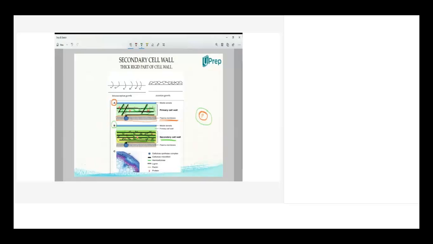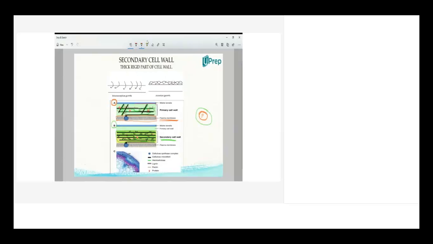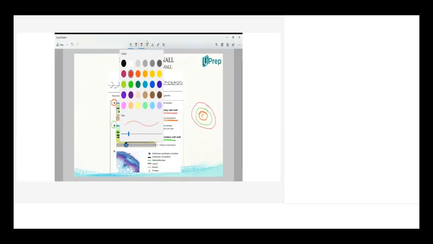Then you are having primary cell wall above the secondary cell wall. This one. Okay. So this is the primary cell wall. And around which you will have the middle lamella.